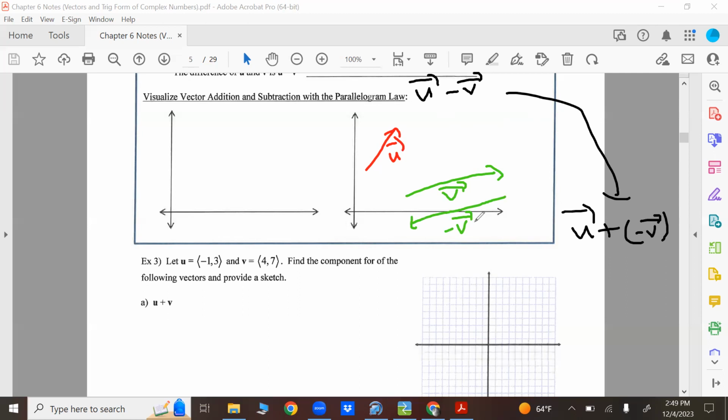Now I'm just going to take this and translate it so that the head of this connects to the tail of this, or the other way around. It's up to you.